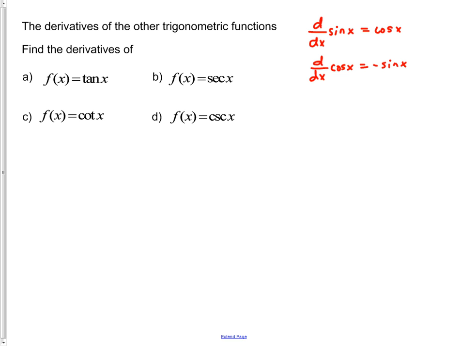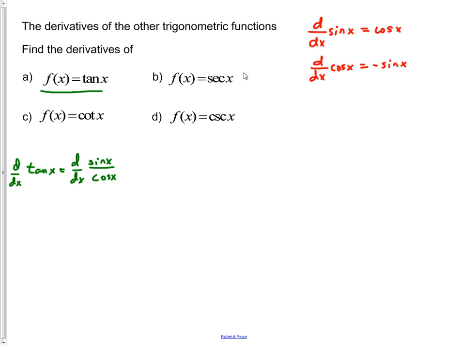Well, let's take a look at our first function, tangent of x. If we're interested in finding the derivative of tangent of x, the way to treat this from the perspective of sine and cosine is by using a ratio of sine of x over cosine of x, which means, you guessed it, our quotient rule.